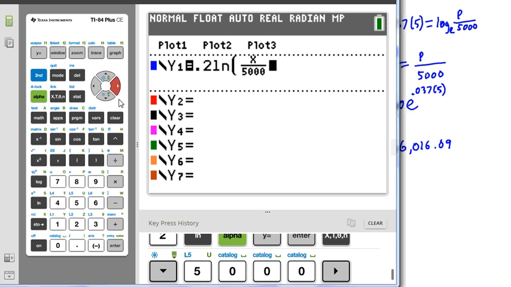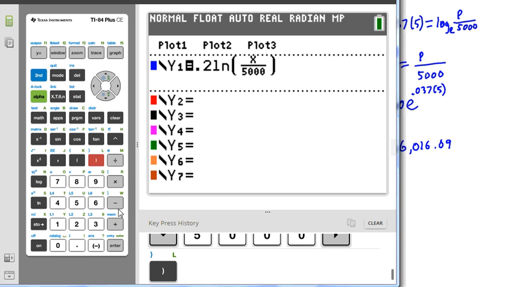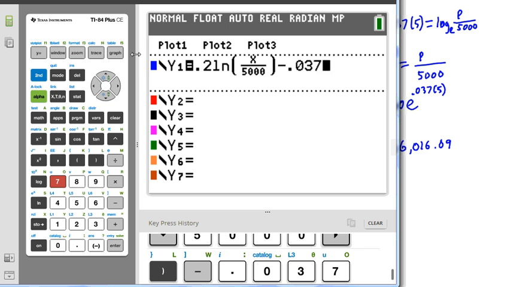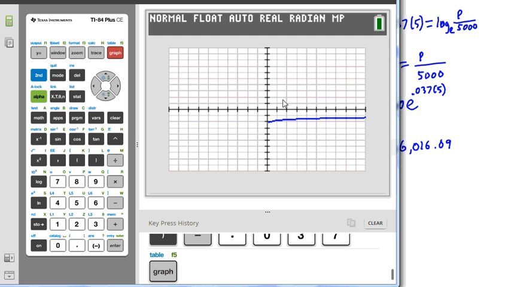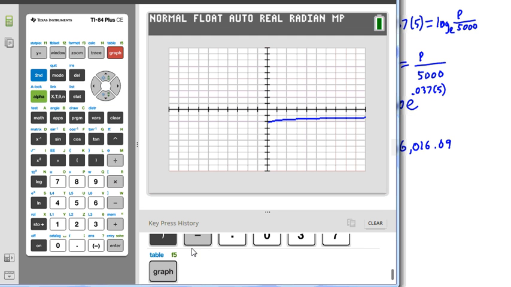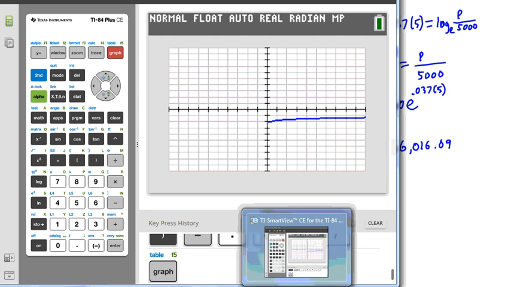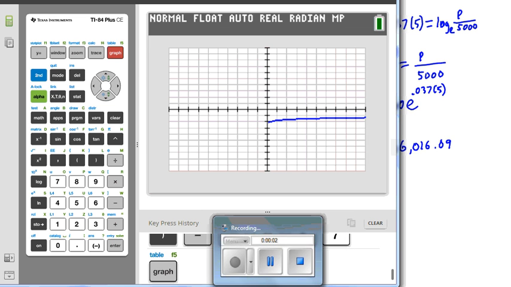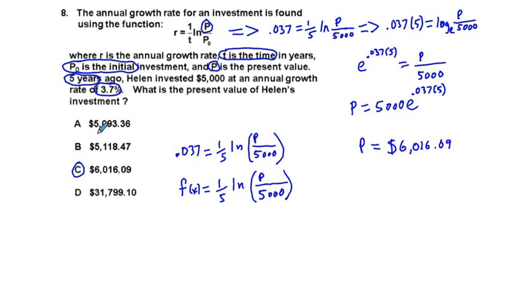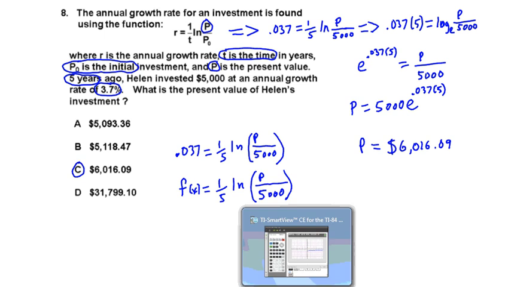And we go outside here, close parentheses, and subtract 0.037. And then when we graph this, we're going to see not much, okay? But our answer choices are going to be in the realm of between 5,000 and 32,000. And I'm going to just focus in on these top three answers here.